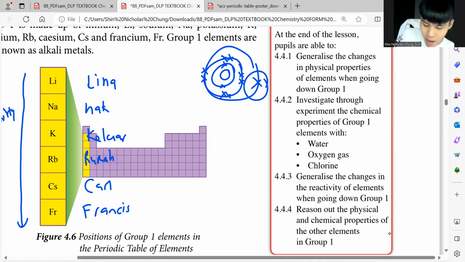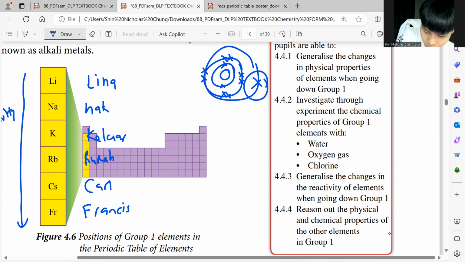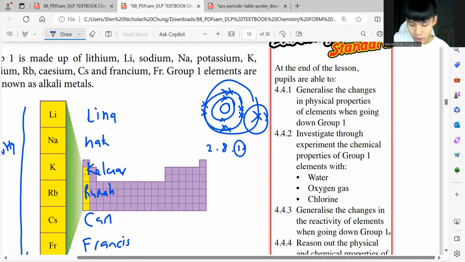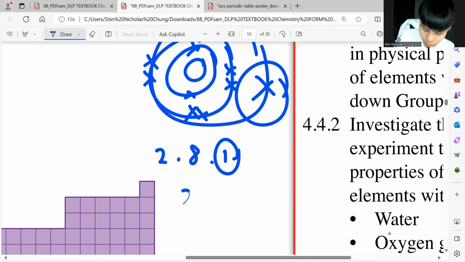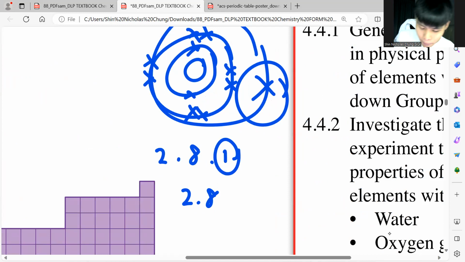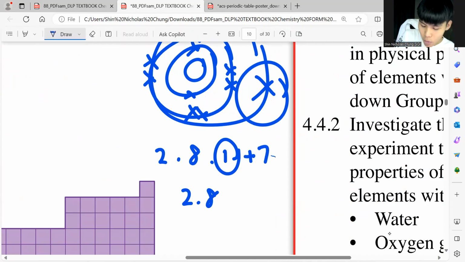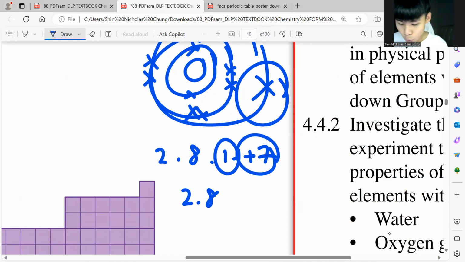Instead of receive, because you see, let me draw it out. So this is the electron arrangement. I have one left. Is it easier for me to donate? It is, right? So when I donate, it will become 2.8, then it becomes an ion. But if I am to receive, that means I need to receive another seven more, which is not easy to do.